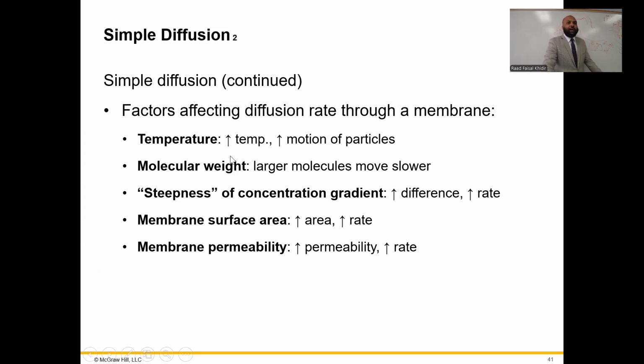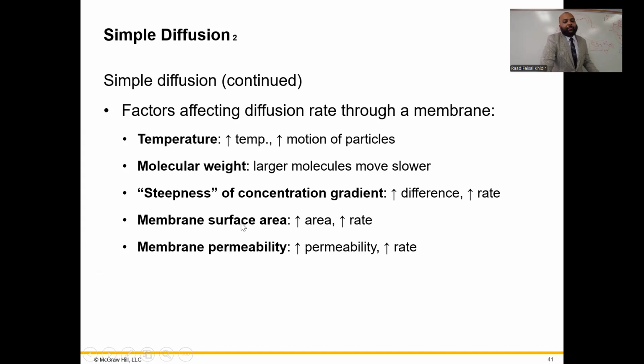So if you had a solute of really tiny particles like sodium chloride, they will diffuse down the concentration gradient faster than really big molecules like glucose and protein. Also, the steepness of the concentration gradient. If you had a concentration gradient like 500 to 100 compared to 700 to 100, then 900 to 100, that's a steeper gradient. The greater the absolute disparity between the gradients, the faster the diffusion will be.